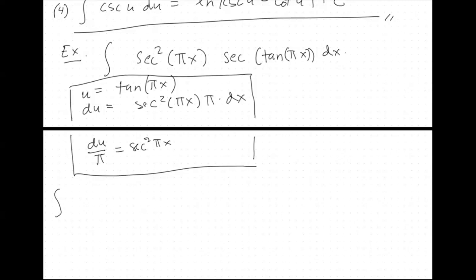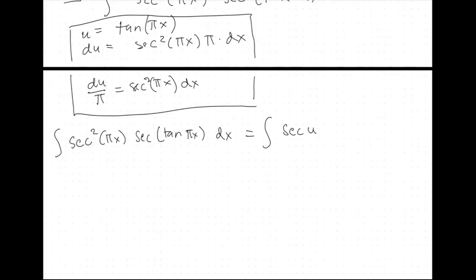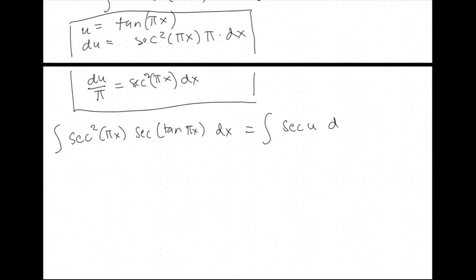And okay, I'll rewrite this so that it's nice. Here, secant squared of pi x, and then secant of tangent pi x dx. So we have secant of u, and here secant squared pi x dx is du over pi, and then we can put 1 over pi outside, and then the integral of secant of u with respect to u.